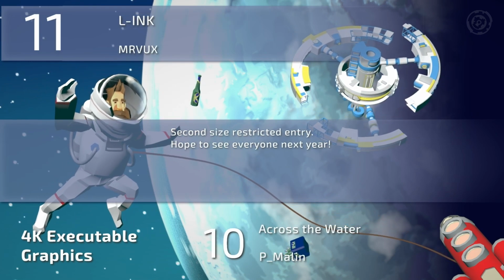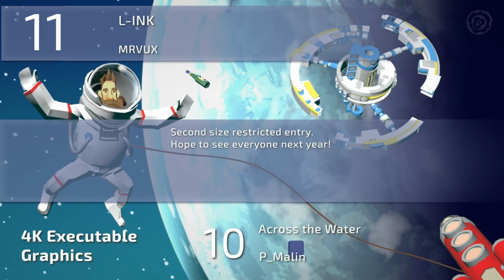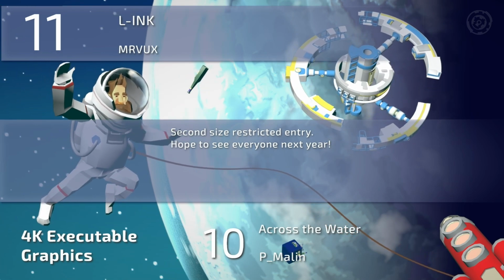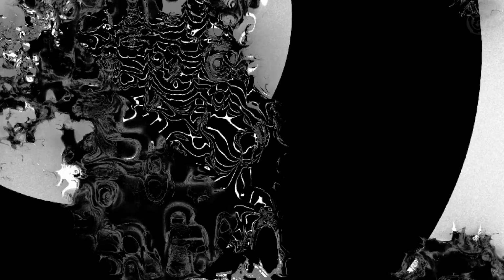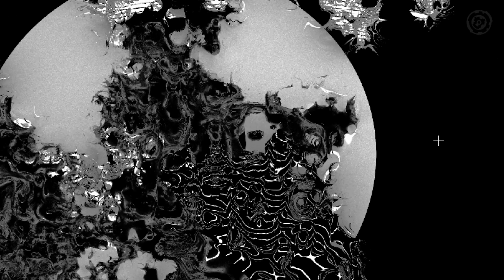L Inc. by Mrvux. This is a second size restricted entry. That's very abstract, but see that thing right there?